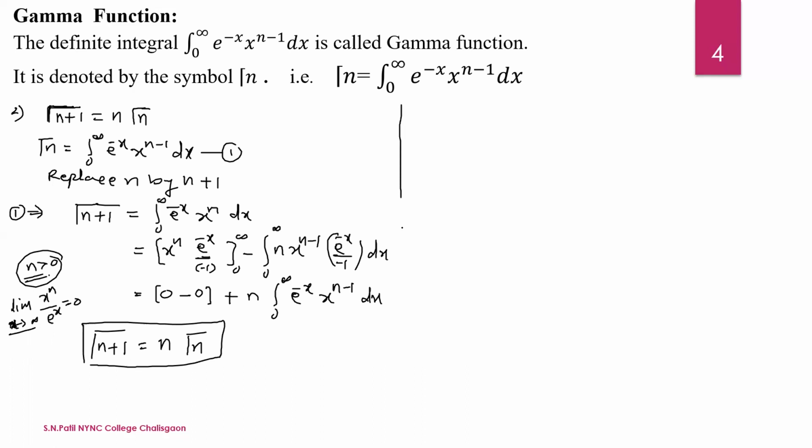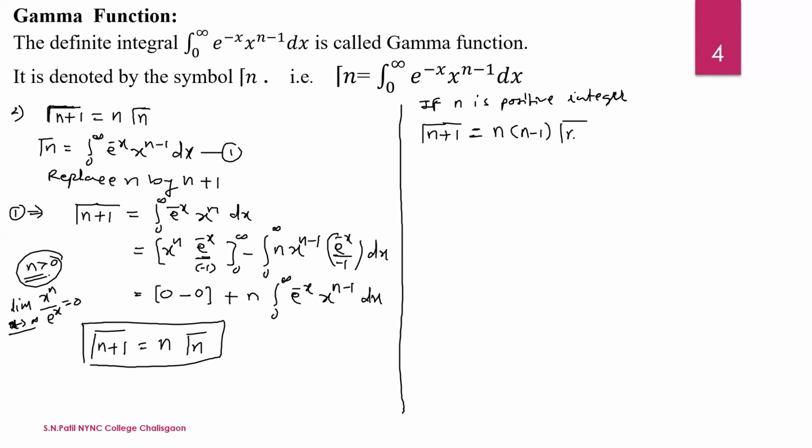Now here we prove some additional results also. If n is a positive integer, then gamma n plus 1 can be written as n into gamma n, and we know gamma n is n minus 1 into gamma of n minus 1.